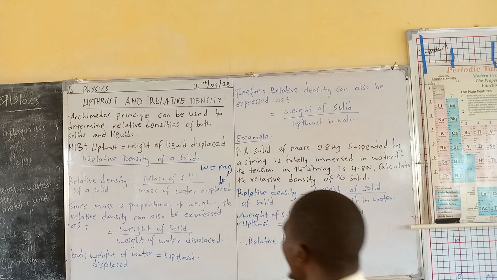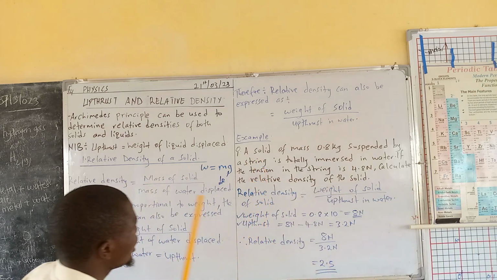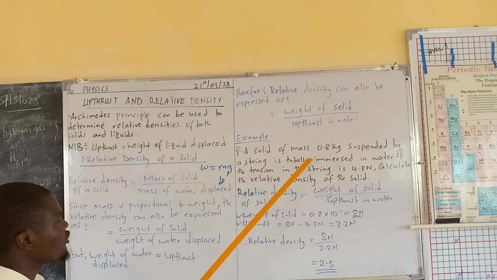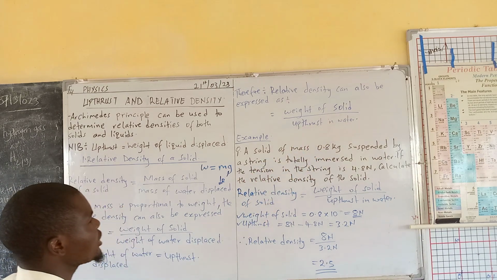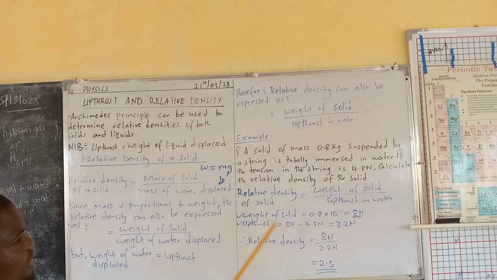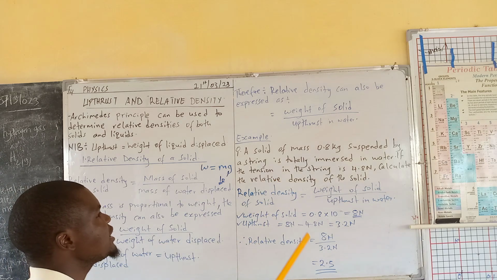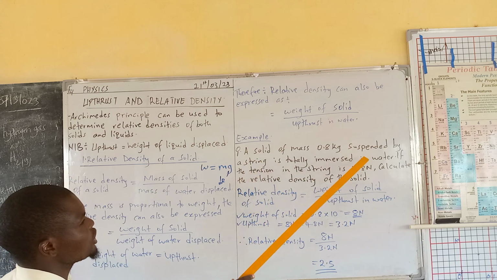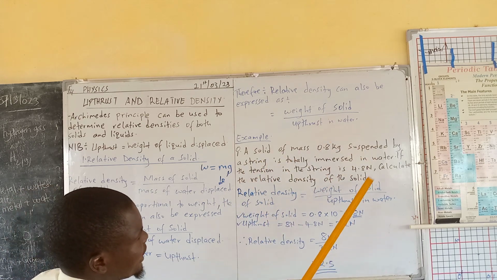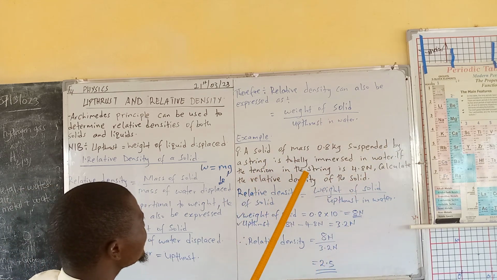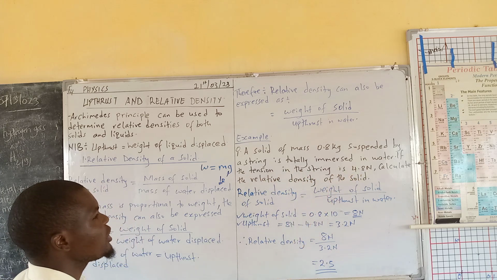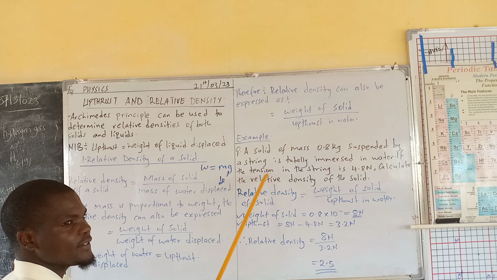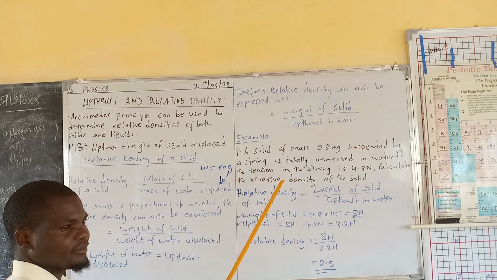Let us go on and look at one example. We have a solid of mass 0.8 kilograms suspended by a string, and it is totally immersed in water. The tension in the string is 4.8 Newton.